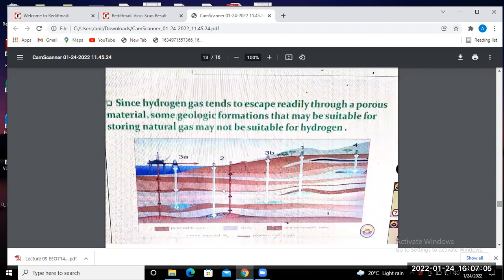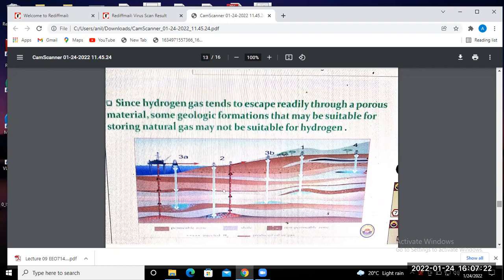Hydrogen gas tends to escape readily through porous material. Some geological formations that may be suitable for storing natural gas may not be suitable for hydrogen gas.